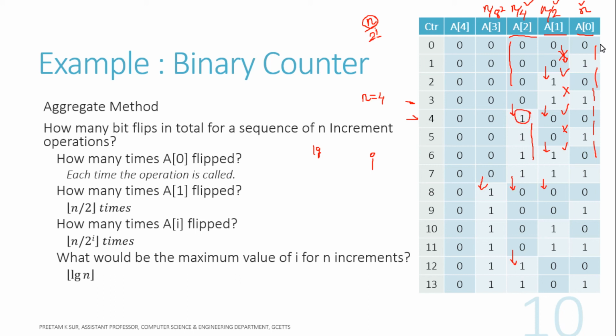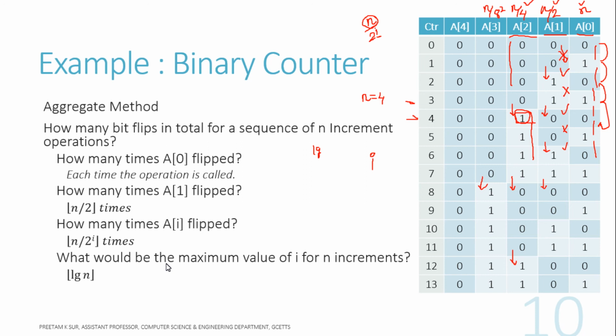We'll have 4 increment calls: 1, 2, 3 and 4. So the last bit that can be flipped in the sequence of n calls is this one, which is log 4, that is 2. So the maximum value of i for n increments is log n.